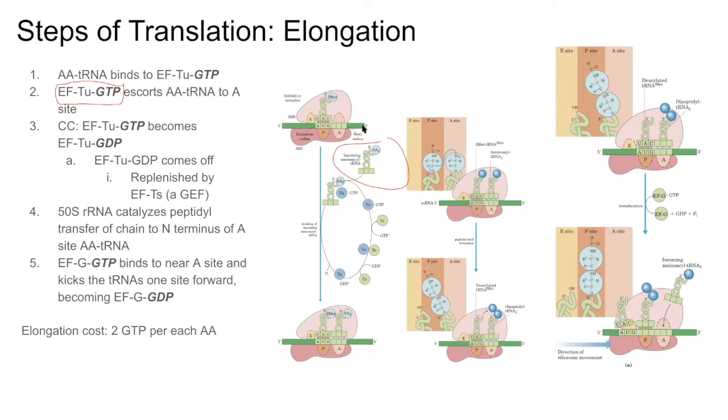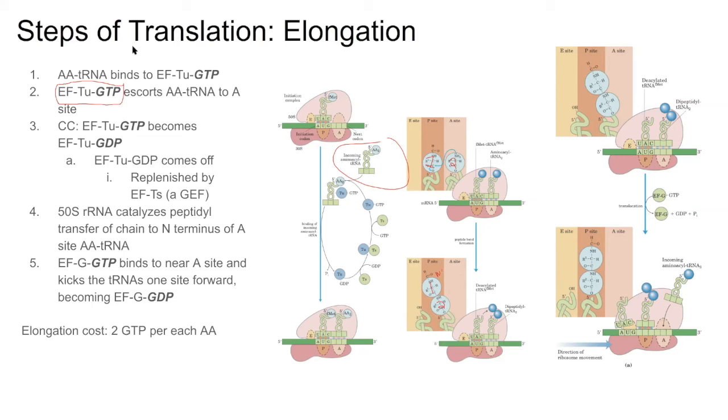What I want you to notice is, if this is my first amino acid and this is my second amino acid, this is how they look after they come together. The first amino acid always has the N amine group at the end, which tells you that this is going to be the N terminus. So this confirms our idea that amino acids are added to the C terminus whenever you translate.